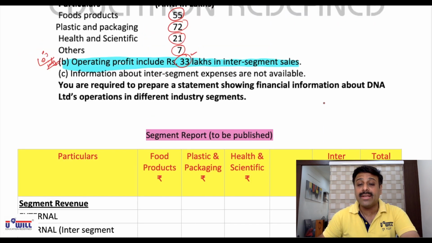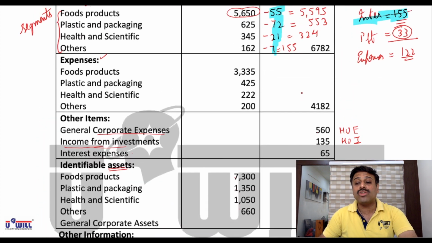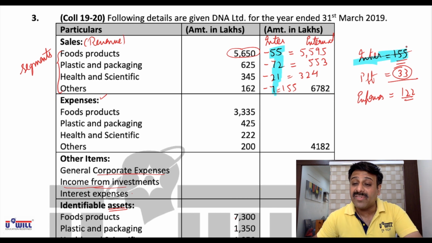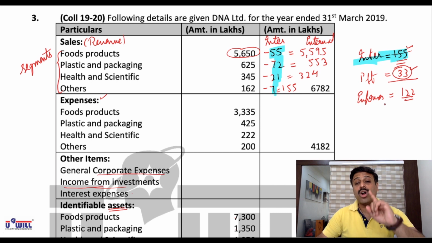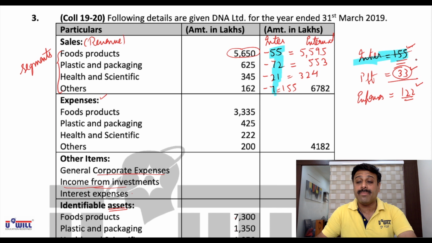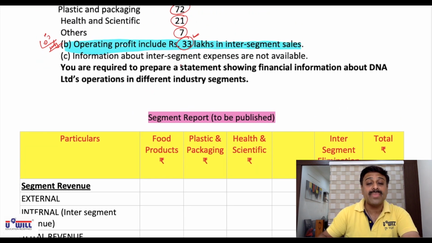But here you are given that you are earning 33 lakhs from inter-segment profit also. So there also double counting will take place. We have to eliminate the profit also of 33 lakhs. So if 155 of inter-segment revenue is there, and in that you are earning profit of 33, what would be the cost of those goods which you are selling from one segment to another? 122. So in this question, in inter-segment revenue 155 will come, expenses 122 will come, and profit also 33 will have to be eliminated. I hope everyone is clear with this important point of 33 lakhs.